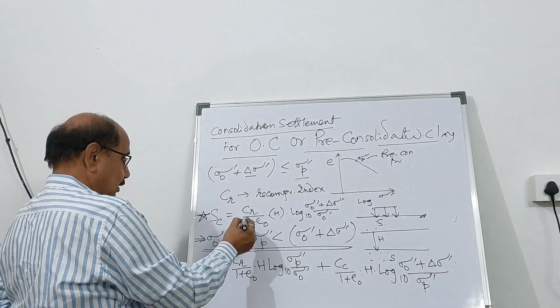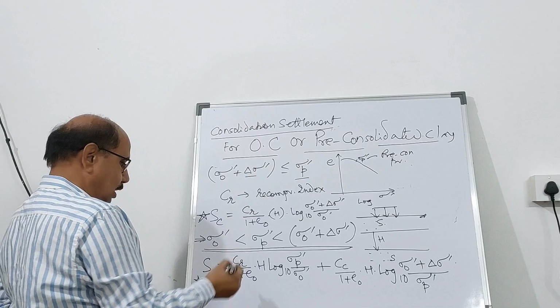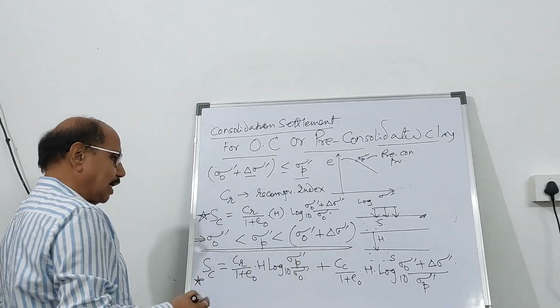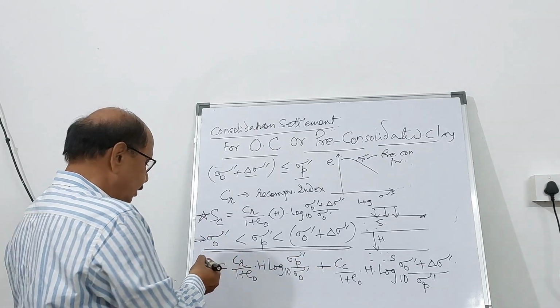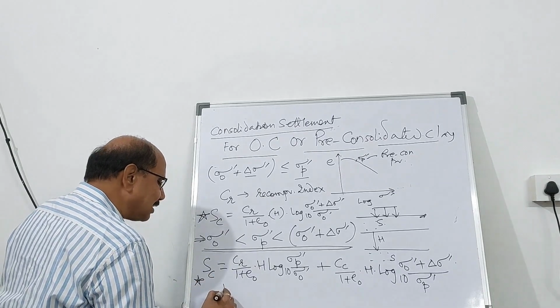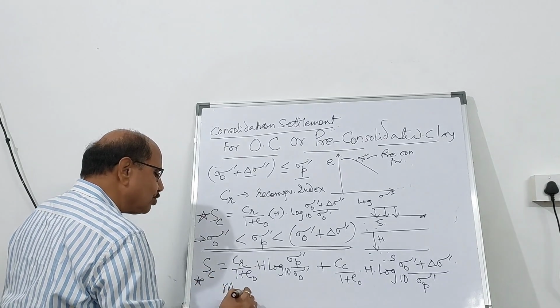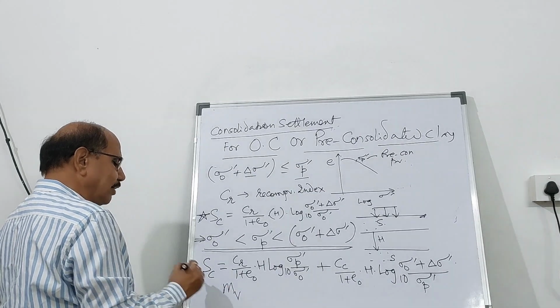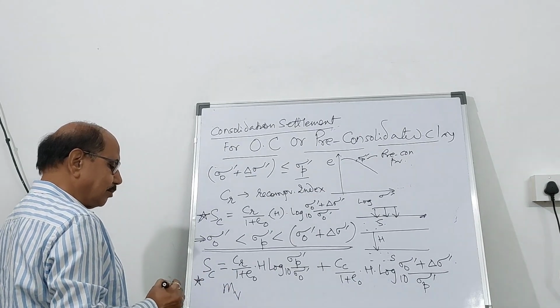Now, invariably we use Cc and CR values in order to compute this consolidation settlement. However, last time I told you that mv can also be used to calculate the consolidation settlement.